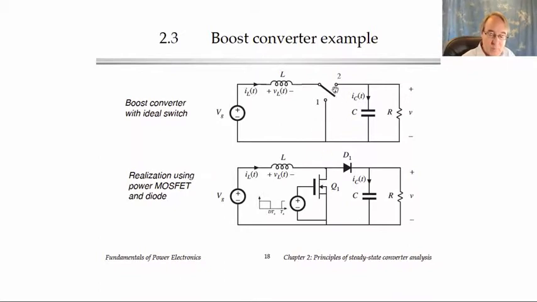Now, one thing you might wonder is, can we put a diode here, and why does it automatically come on? Well, one way to look at this is to go back to the formula for the inductor, that the inductor voltage is L diL/dt, which is the voltage from plus to minus across here.